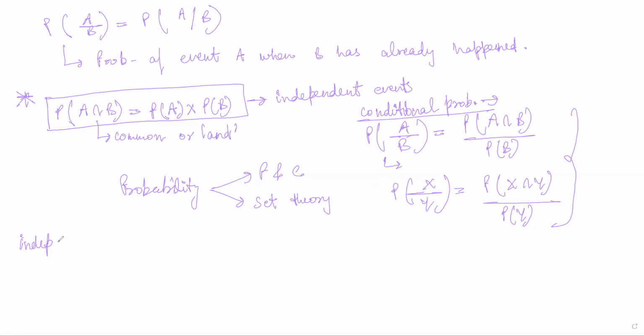Why are you calling them independent events? Because they do not depend on each other. So if you want to find out probability of A, B has no role in it.